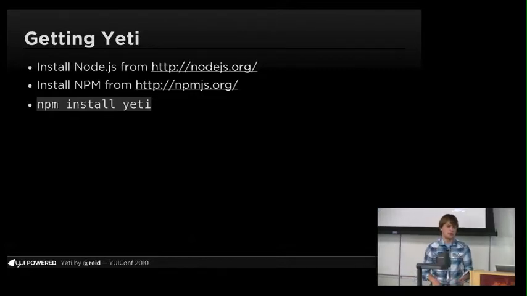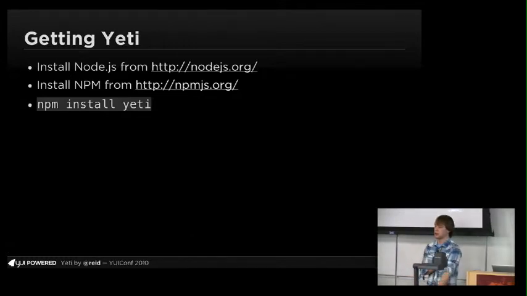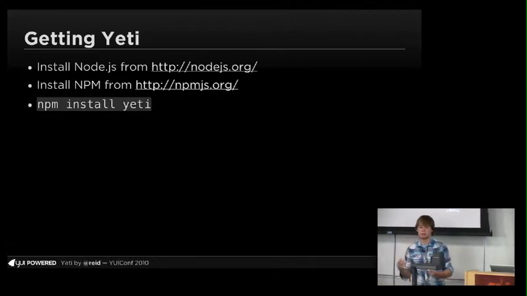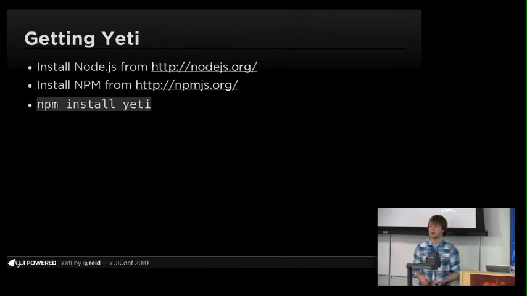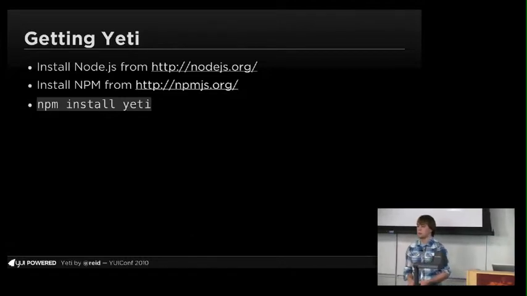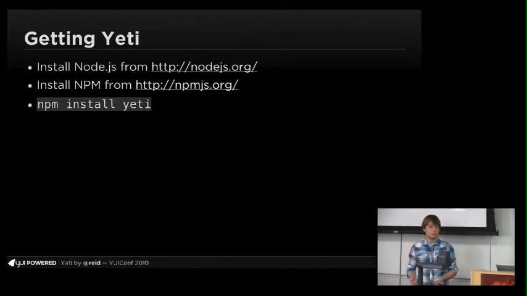Then you install NPM, which is available from a similar website. It's Node's package manager, what became the de facto Node software installation system. Then you just run the command npm install yeti, which will give you the latest version of Yeti, and you'll be able to run all the things that I'm talking about.